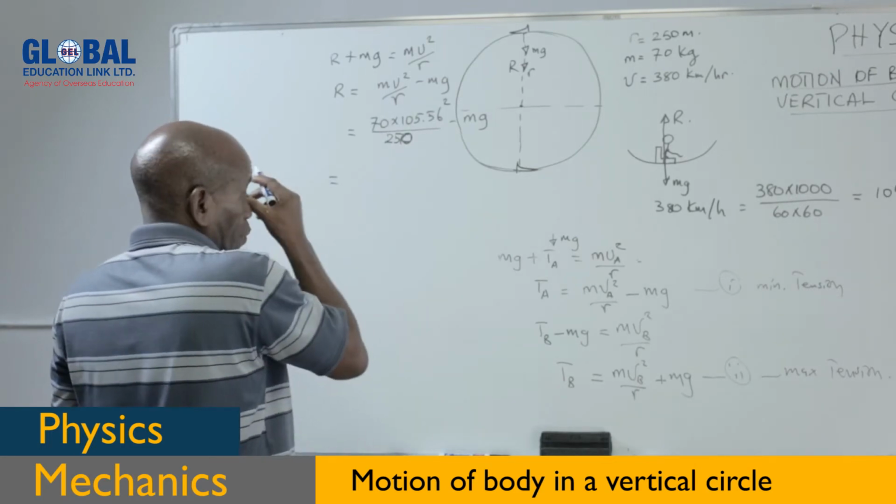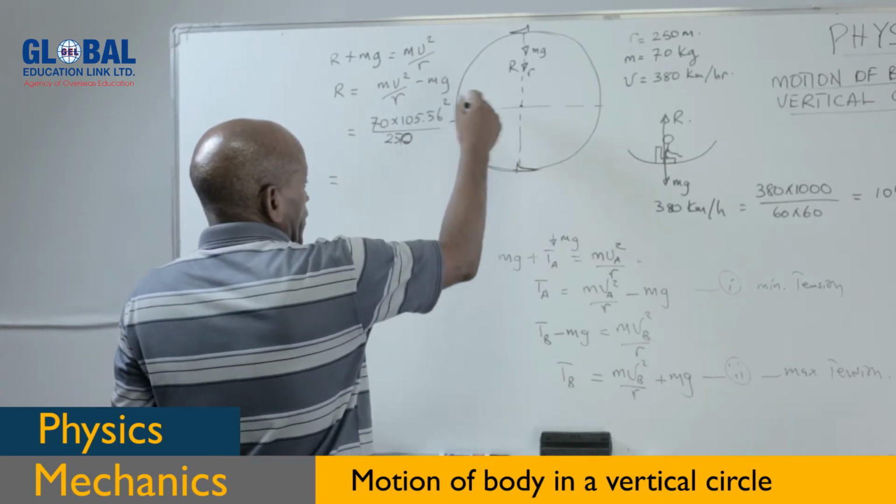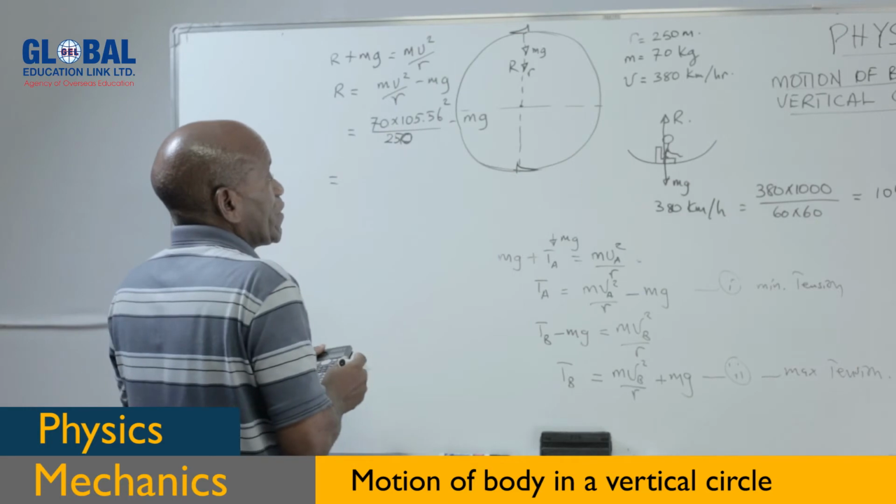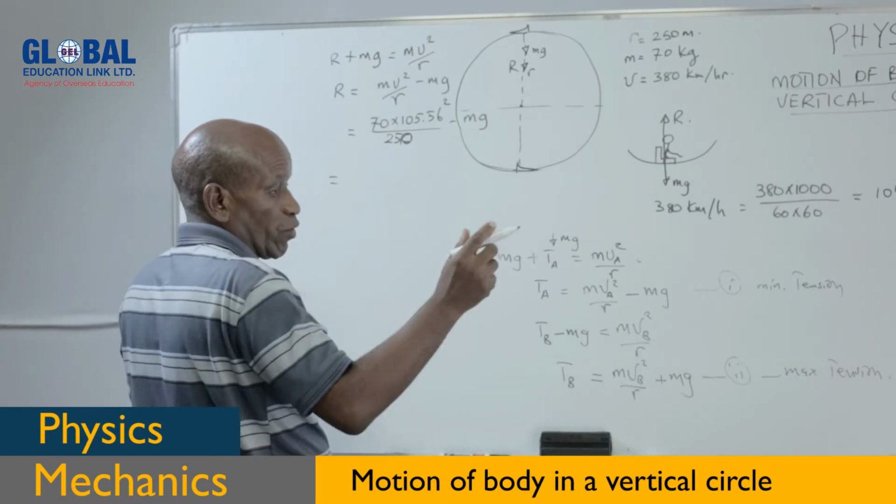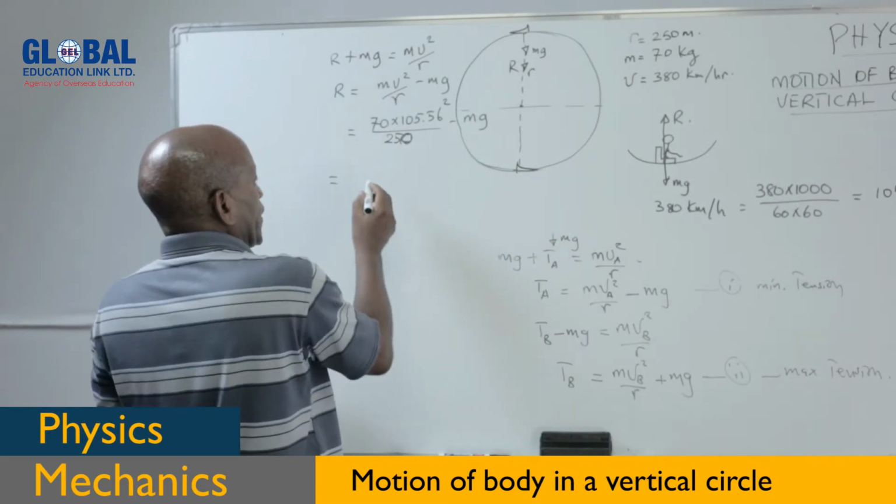So we can compute and take the difference. The mg there is the weight of the person, which is 70 times 9.8.